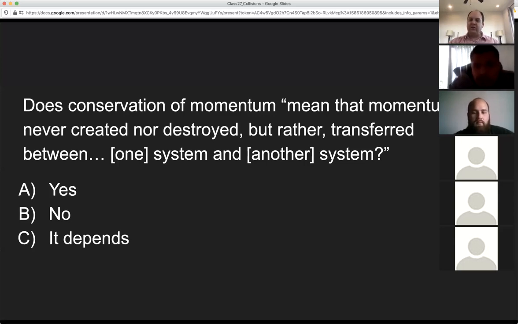And this is one of the really nice things about momentum: because you can't ever make any new momentum or get rid of any existing momentum, you can use it to think about things where talking about the forces on objects might be very difficult to calculate. But the momentum before and after, because it couldn't be created or destroyed, can be tracked.